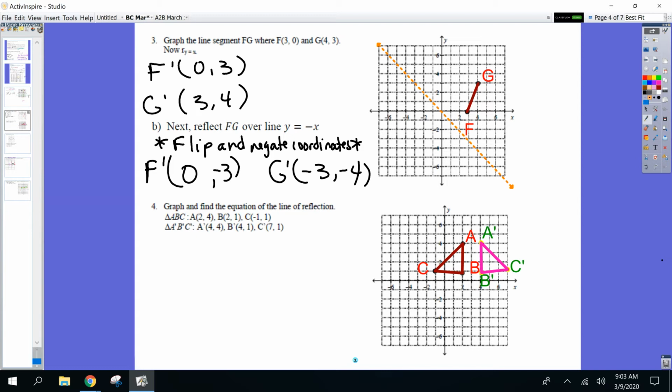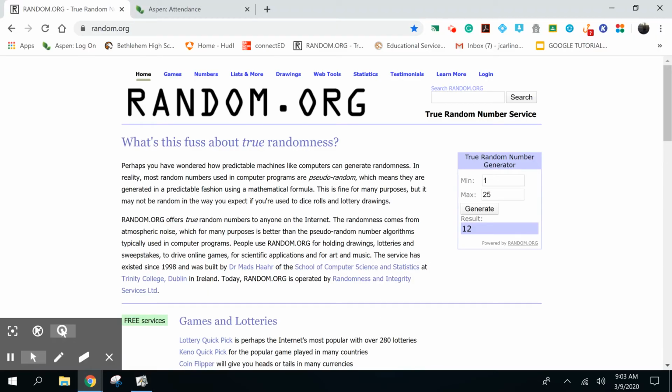All right, so you see those two? What line is going to be the perpendicular bisector for AA prime, BB prime, and CC prime? And let's get used to writing in our notation, reflection over. When you have it, let me know.